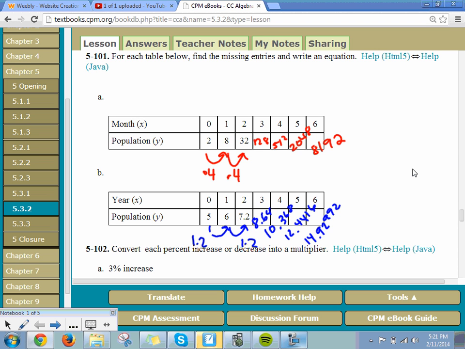So the trick for B is being able to find out what our multiplier is by taking our next term and dividing it by the previous term.